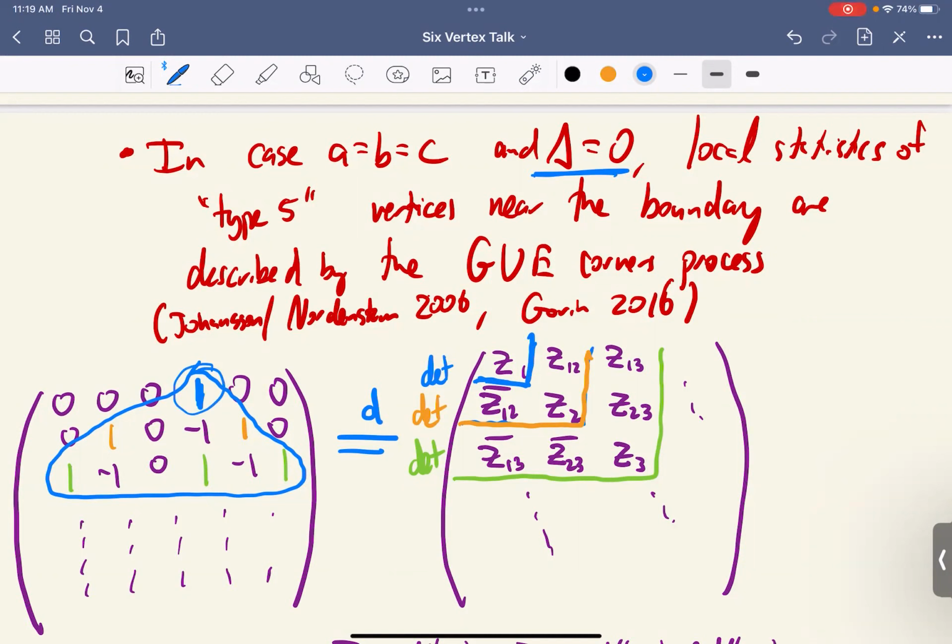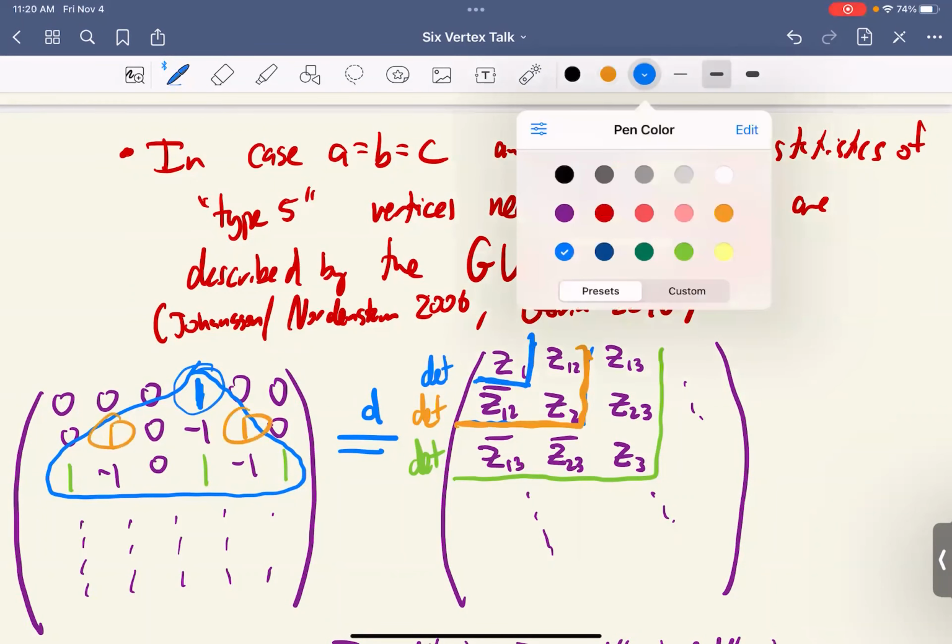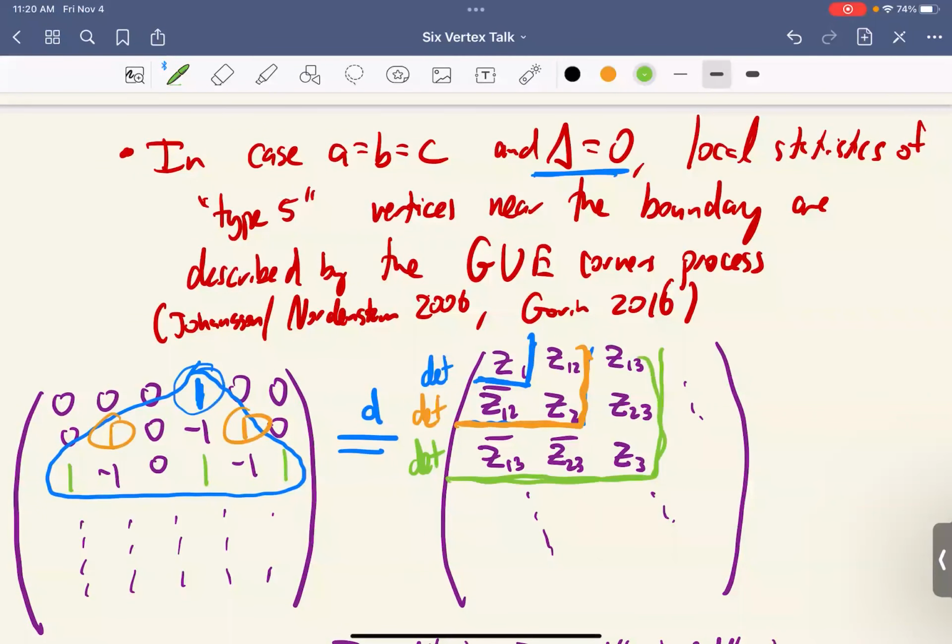And you look at the eigenvalue of the top 2 by 2 corner, and that'll give you the distribution of the ones in the second row, after some rescaling, of course, in a limit. Top 3 by 3 tells you where the ones are in the third row. So that was a connection originally for the free Fermion case by Johansson and Nordenstam, and for the alternating sign matrix case by Vadim Gorin more recently.